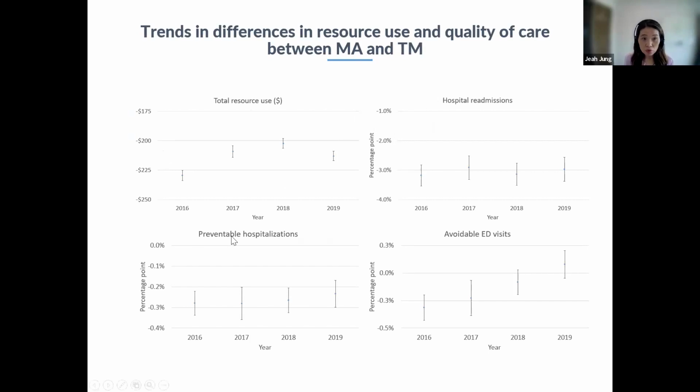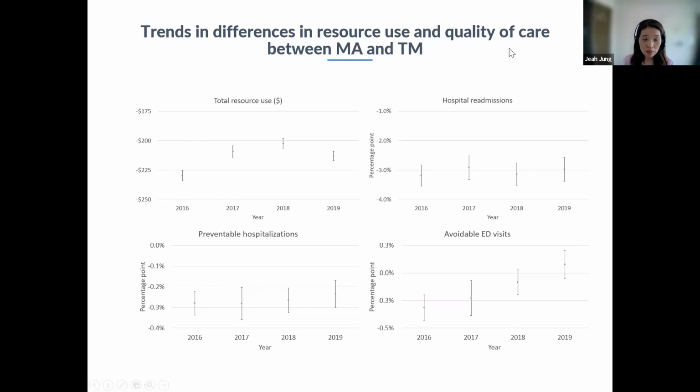This shows some trends. The first graph shows results on total resource use. If you see here, in 2016, there is a reduction in total resource use, or total cost, in MA of about $230 or $235 in 2016. All the dollars are measured in 2019 dollars.